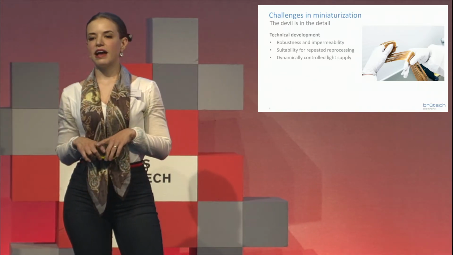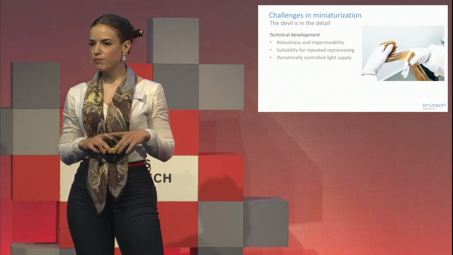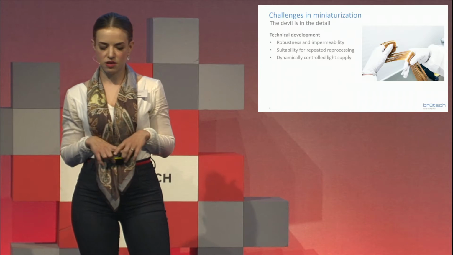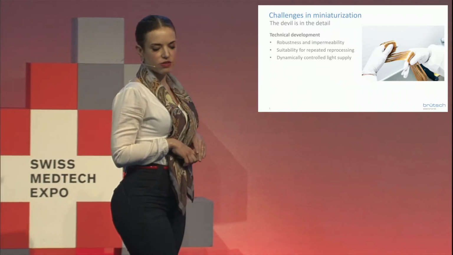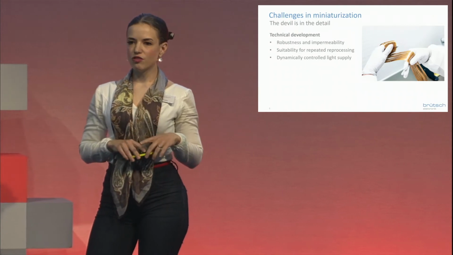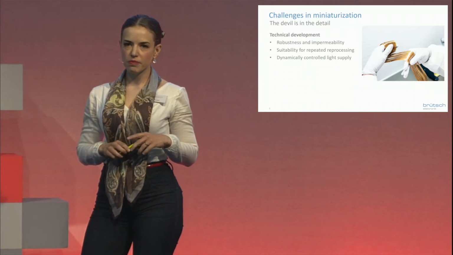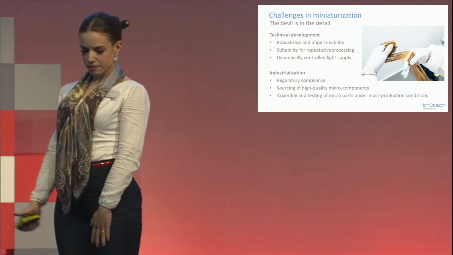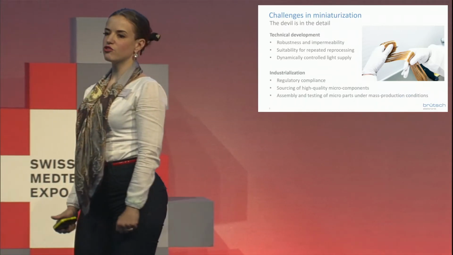Also, medical devices need to be suitable for repeated reprocessing when intended for multiple use. And when talking about camera systems, dynamically controlled light supply is crucial, and you have to integrate a light source into your camera. These are the technical challenges.